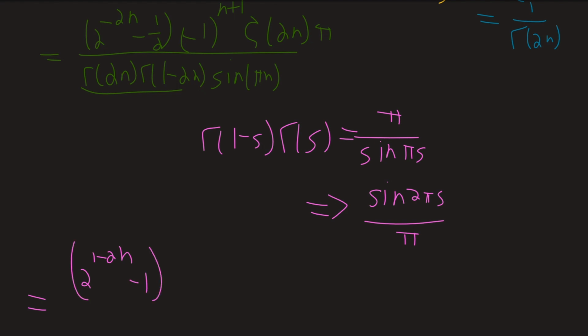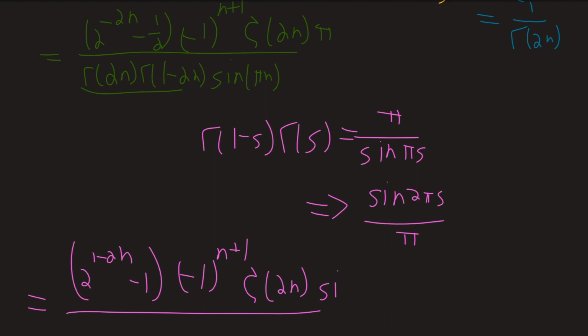All right, now 2 to the 1 minus 2n minus 1 times negative 1 to the n plus 1 times zeta of 2n, and then the pi's are going to cancel, leaving us with a sine of 2 pi n, should be an n, 2 pi n, and then a sine of pi n on the denominator.